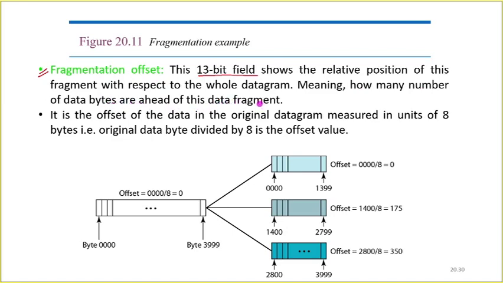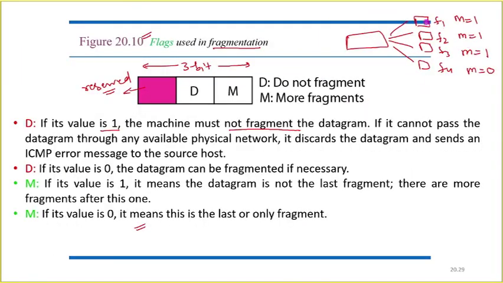Suppose these are the different fragments. The offset will be a value indicating how many fragments have already been sent, or what size of data has already been sent. The value of offset here will be 0, because before F1 there is no fragment or data that has already been sent.